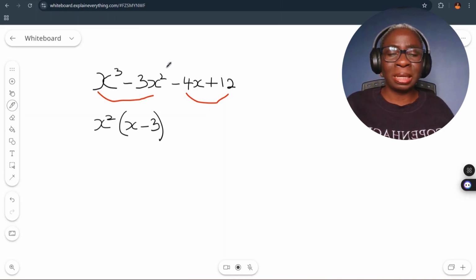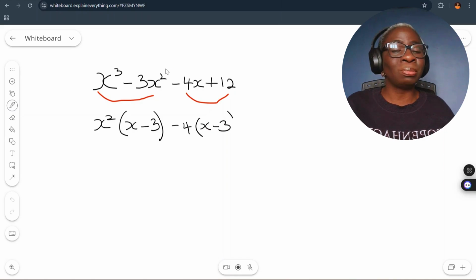Then let's take a look at these two. What is common to both of them? We have negative 4. When we bring negative 4 out from here, we'll be left with x, and then negative 4 would go in 12. How many times? That will be negative 3. Don't make the mistake of writing positive 3.